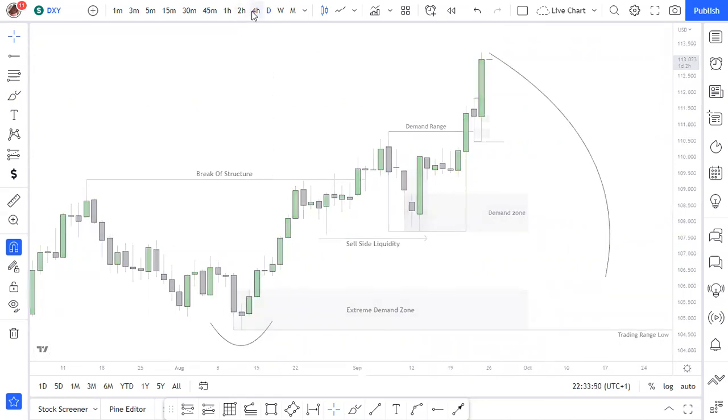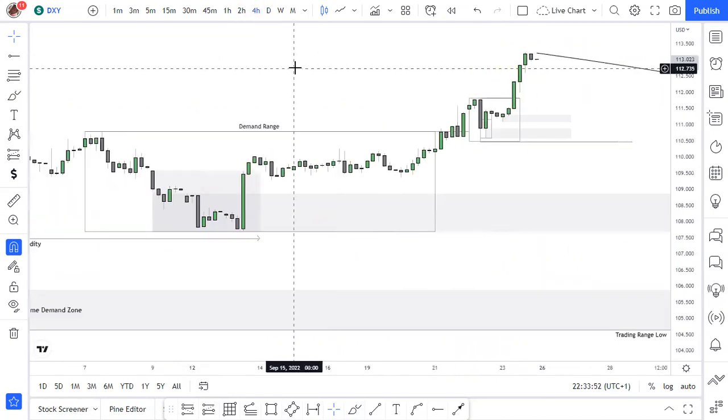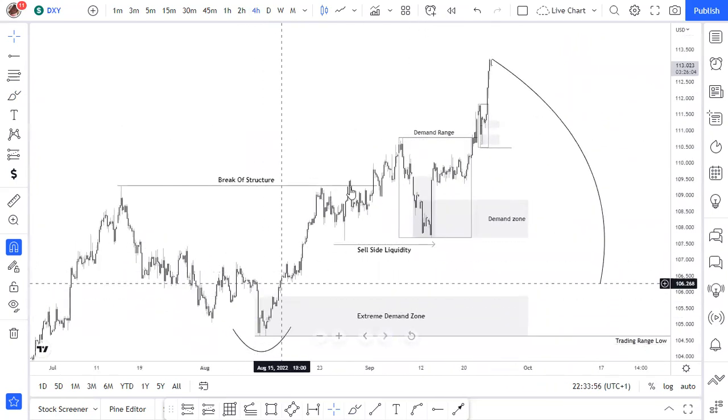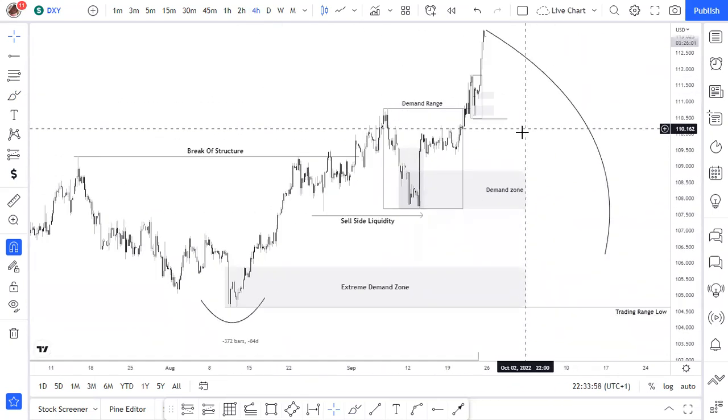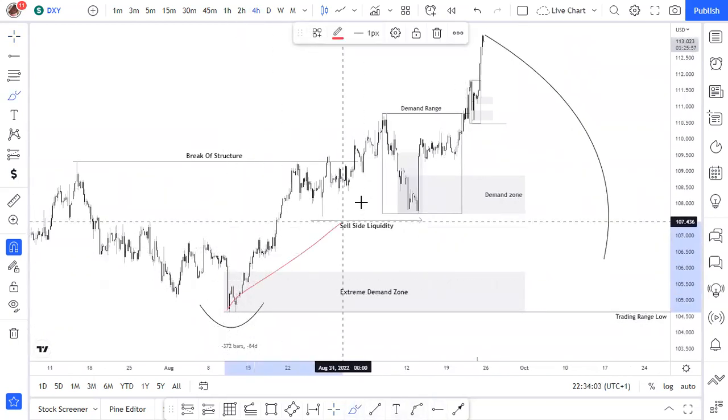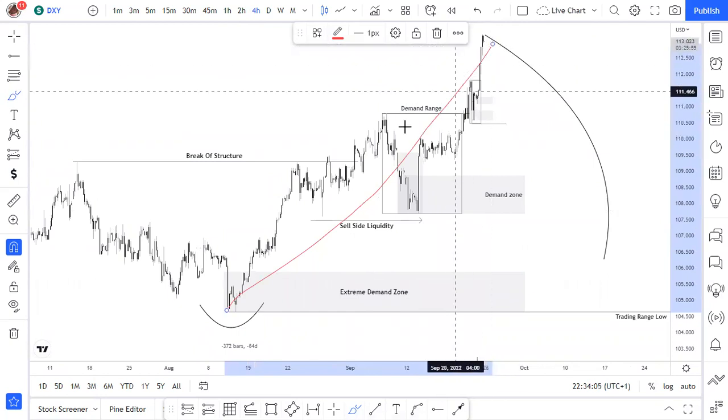So going down to the 4 hour time frame, the structure on the 4 hour is also bullish. So let's say this is a single daily push.